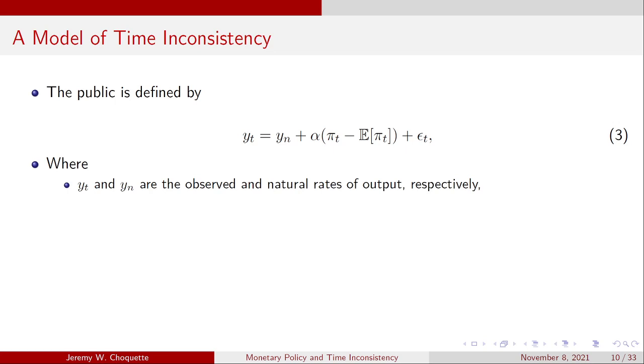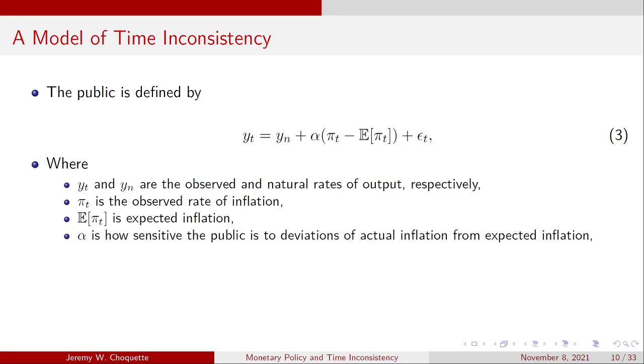Well, Y_t and Y_n are the observed and natural rates of output, respectively, right? So it's the same Y_t and Y_n as in equation 2. Pi_t is the observed rate of inflation. E of pi_t is expected inflation. Alpha is how sensitive the public is to deviations of actual from expected inflation.